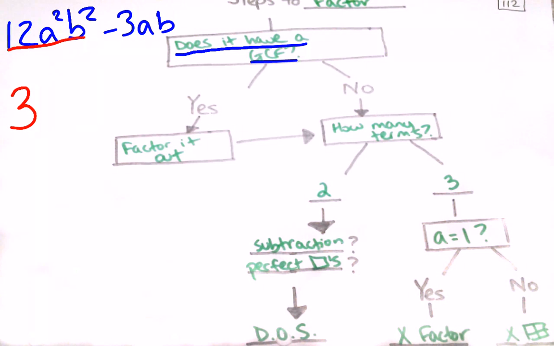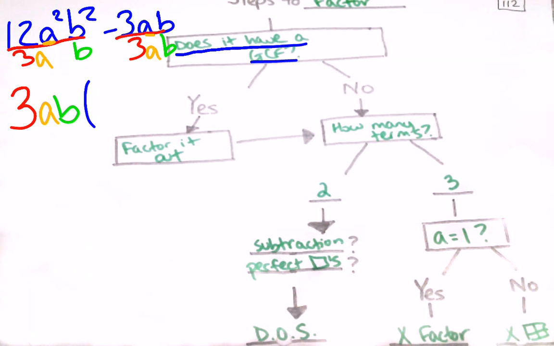So I'm going to divide both of my terms by 3. And I also want to check my variables. Look how I have an a in both. That means that I can also take out an a as part of my GCF. Likewise, there's a b in both, so I can take out a b in both of my terms.